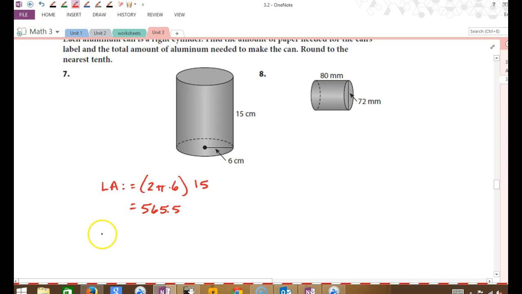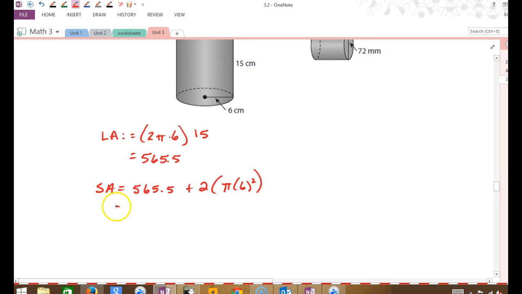Sounds good. Then surface area is going to be our lateral area plus 2 of the bases. Since our base is a circle, what's the area of a circle? 2 pi r, no, pi r squared, pi, and then my r is 6 for this. 36 times pi times 2.